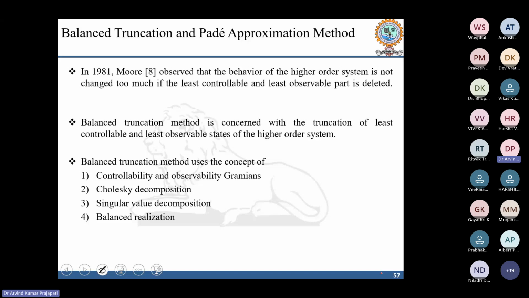In balanced truncation, there is a problem for some systems. Suppose this is the response of the original system, the response of the reduced system may be like this, but there is a steady state error. So this steady state error exists in balanced truncation.